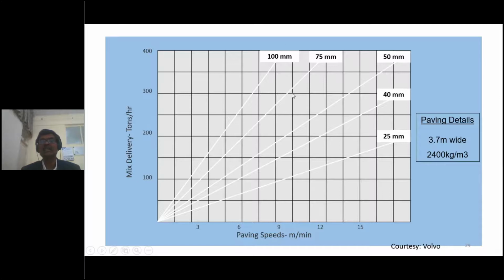These are the typical layer thicknesses that we adopt in our country. Generally 40, 50 and 75 are very common, and we adopt generally 100 to 200. Very rarely we go for 250. So depending upon the hot mix plant capacity, the layer thickness and the width that we pave, this speed needs to be maintained. This helps in continuous paving.